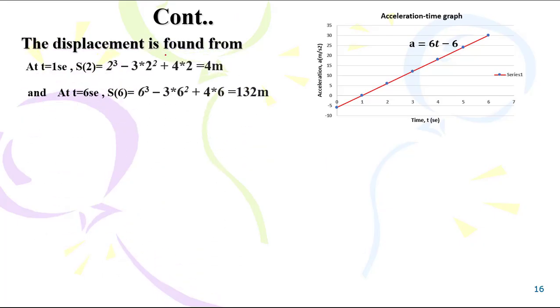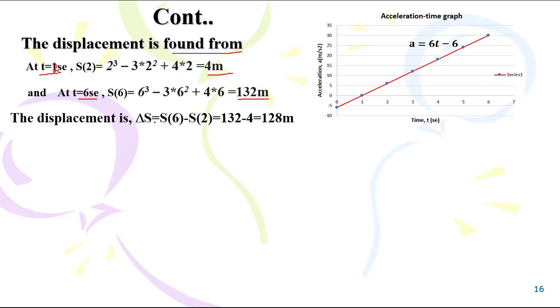Then the displacement is found from t equals 1 second, t equals 2 seconds. You can simply substitute s of 2, which is 4 meter. At t equals 6 seconds, you have s of 6, 6 cube minus this one. So the displacement is the change in s, or delta s, between 2 seconds and 6 seconds.